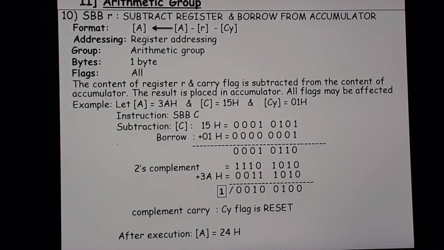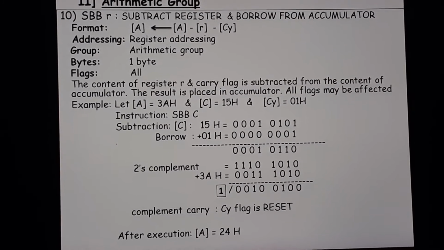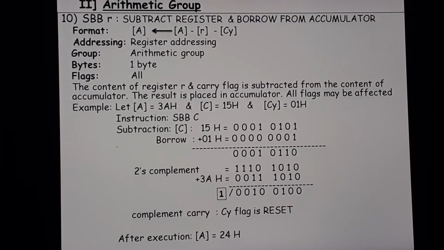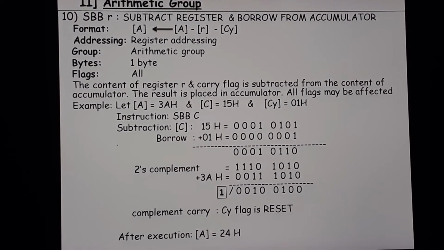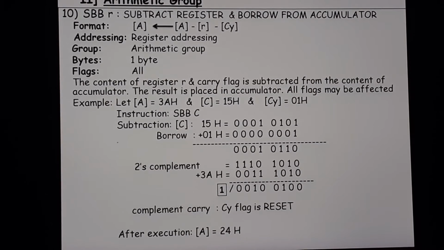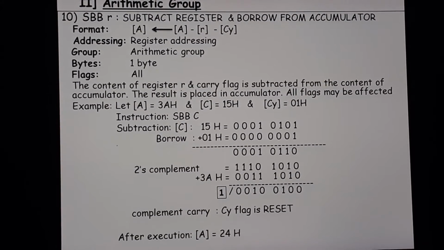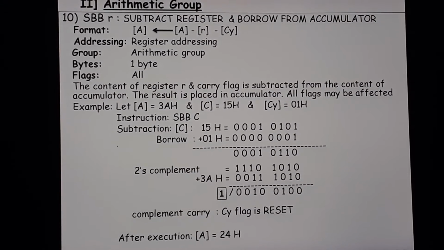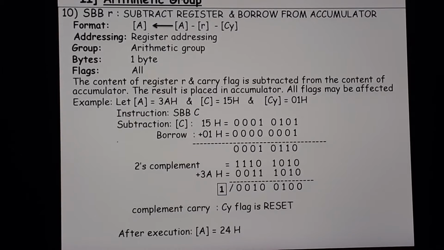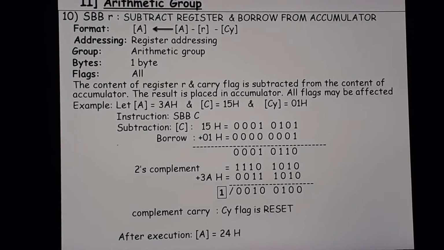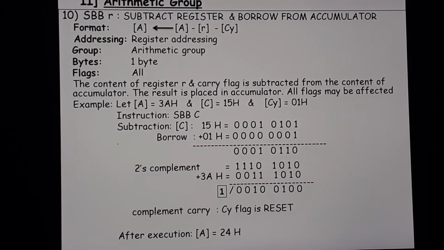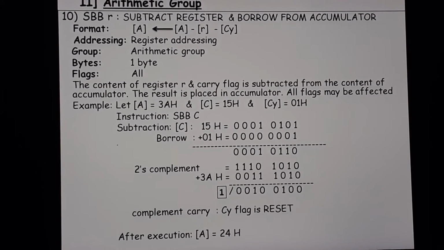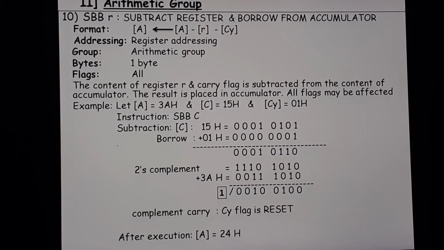But since there is borrow present in this instruction, what we'll do first, before finding the 2's complement, is add the register content with the carry flag content, and whatever answer we get after adding both, we'll find the 2's complement of that answer, and then add it with the accumulator. So this is the procedure. Even if you're taking 0 for the carry flag, you still need to show the addition even if you're getting the same answer.